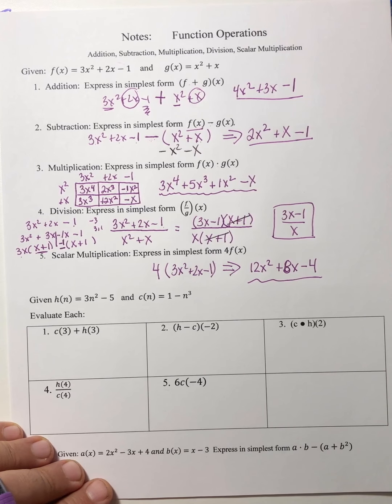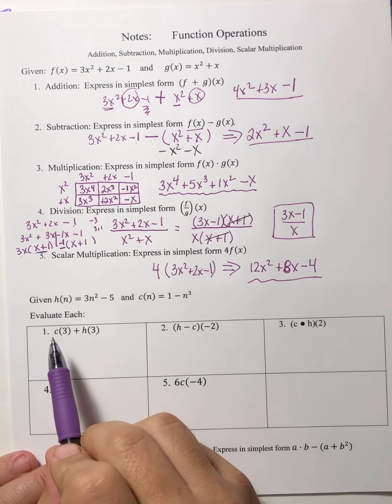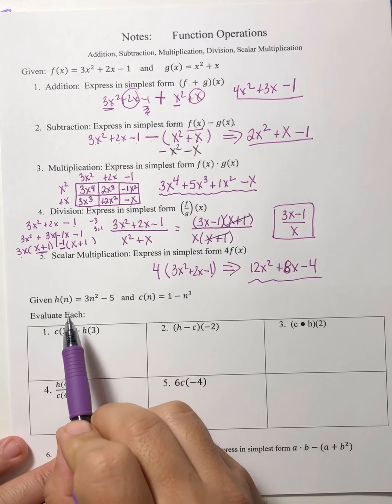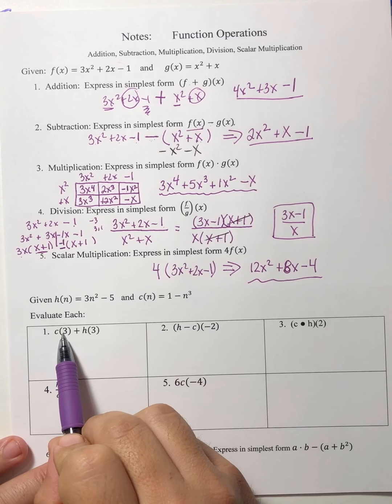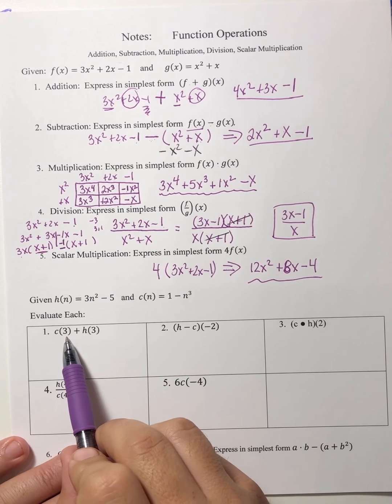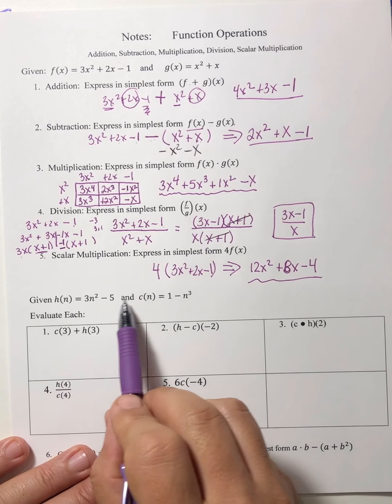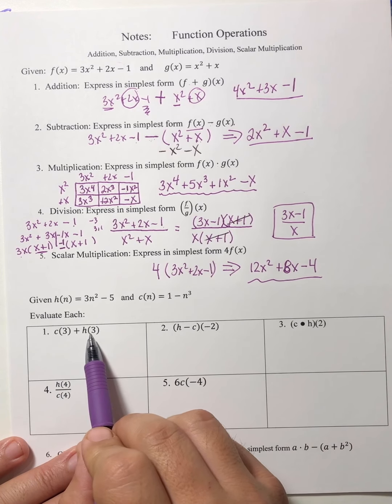Now we have some function operations that involve f of. So now we're going to do some substitution, because notice it says evaluate c of 3 plus h of 3. So what we could do is add the two functions together and then plug in 3.